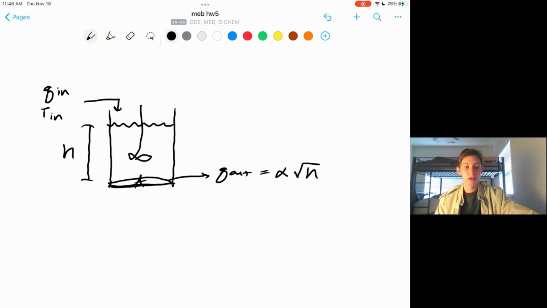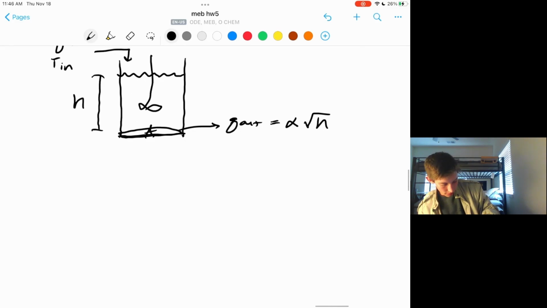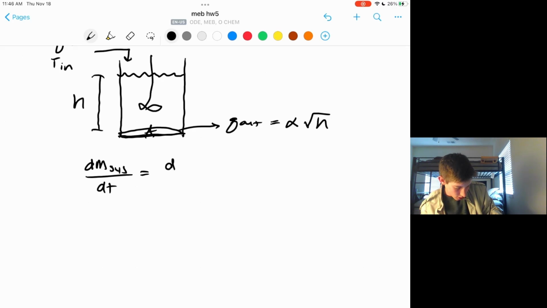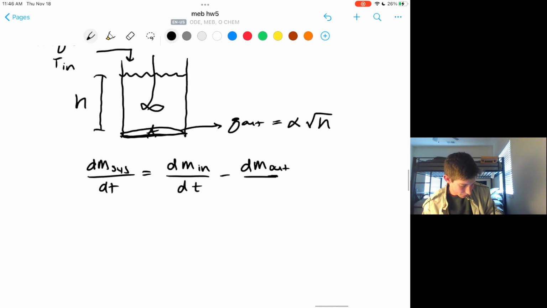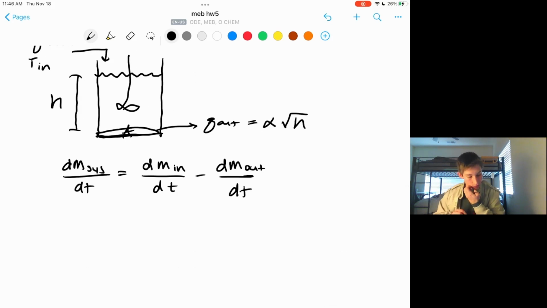First we're going to derive the differential equation of the change in height with respect to time. So first we're going to look at mass balance. The change in the mass of the system with respect to time equals the change of the mass going in with respect to time subtracted from the change in mass going out with respect to time.